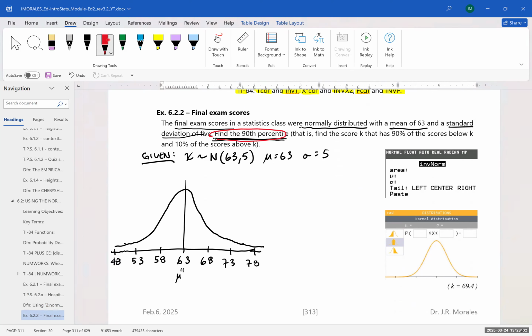The 90th percentile is some value where 90% of the scores are below it. I'm just guessing where this is right now, but we have some score K such that the area below it is equal to 0.90.